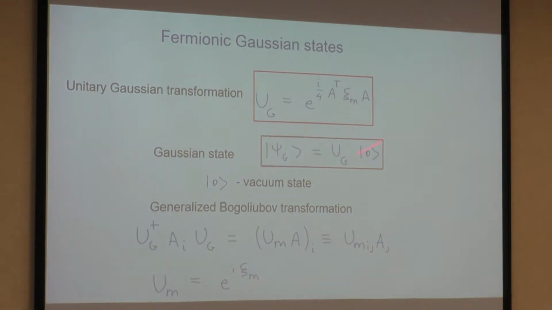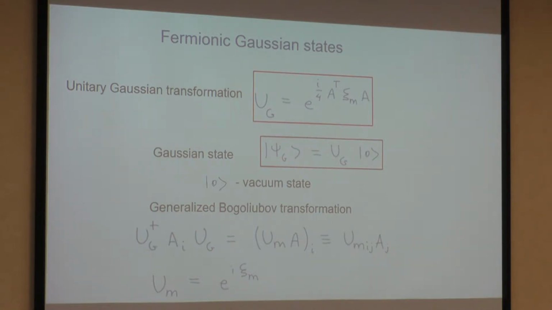Again, define a Gaussian transformation, and remember that for fermions we cannot have operators which are linear in fermionic operators. Basically, we cannot mix states which have different parity, and that's why the only contribution that we have in the Gaussian part is quadratic in the fermion operators.